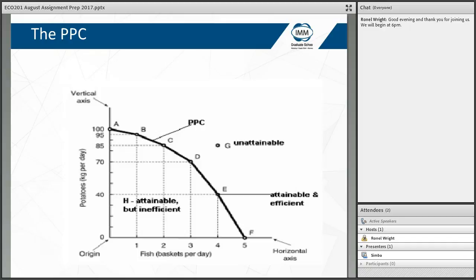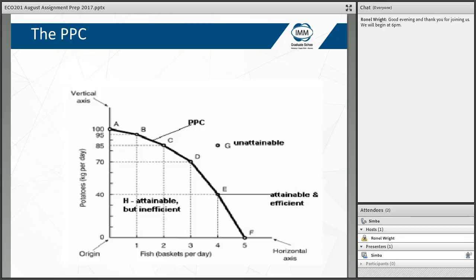Point A is a combination which shows us that we are only producing one product, which is potatoes, and none of the fish. Another extreme point is point F, which shows that we are using all our resources to only produce fish and none of the potatoes.